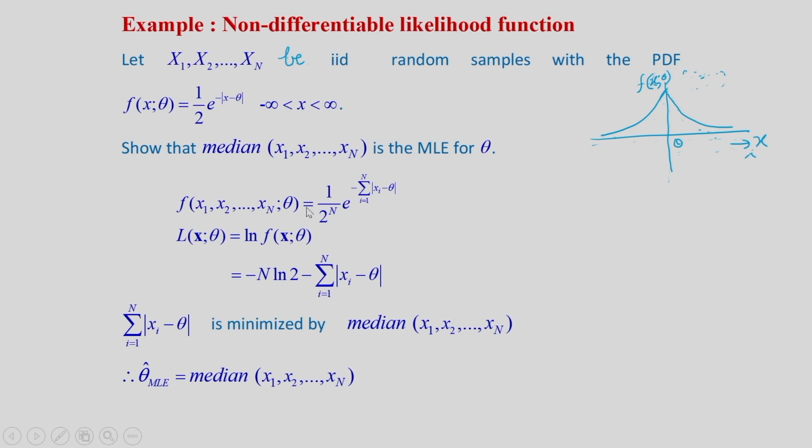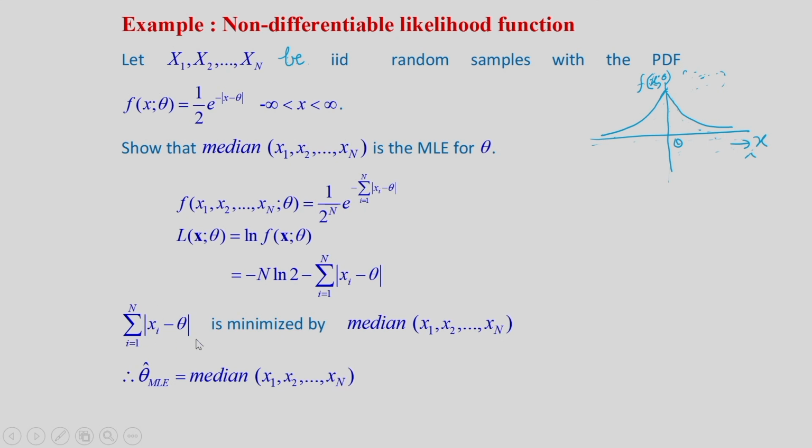This joint PDF is given by this because it is IID, independent and identically distributed random variables. So, if we have to take the joint PDF, that is the product. So, this product is given by this. So, log likelihood function is given by minus n log of 2 minus summation mod of xi minus theta, i going from 1 to n. Because there is a negative sign here, we have to minimize, and this minimization is done by the median of x1, x2 up to xn.